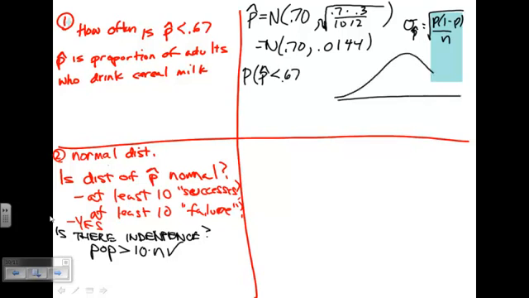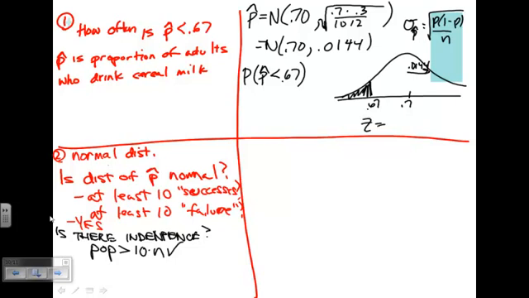Maybe I can even draw a picture. Here's 0.7. Here's 0.0144. And then we're down here at 0.67. And we're interested in what's in that little tail. Sometimes the picture is helpful. All right? So how do I calculate that?